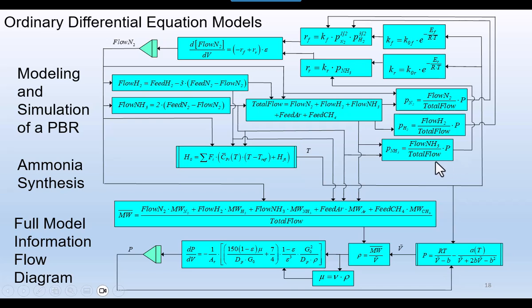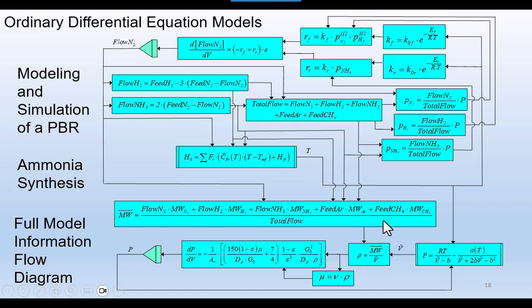And then instead of solving a differential equation for the temperature, we have the enthalpy balance here, and we use the enthalpy balance to find the temperature by solving the nonlinear relationship here. This gives us the temperature. Down here we need the average molecular weight.